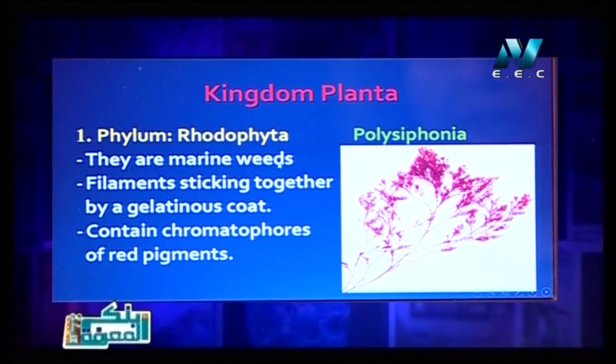They are marine weeds. They are composed of filaments, and these filaments are stuck together by a gelatinous coat. They contain chromatophores, and these chromatophores contain red pigments. They are simple. They are present in marine water.